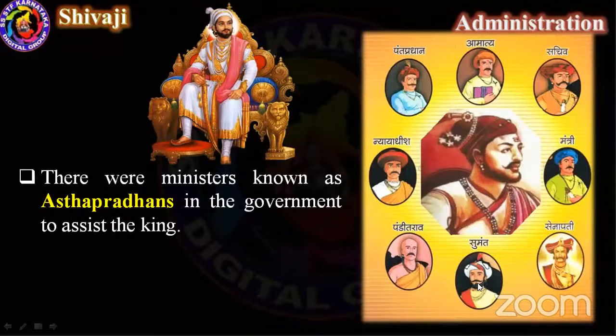Fifth, this is Sumanta, and then the sixth one, Panditashvara, and Nyadipati, next Panchapradhaniya. These were the important 8 Ashtapradhanas, or ministers of Shivaji.